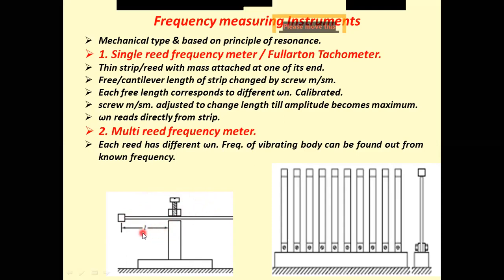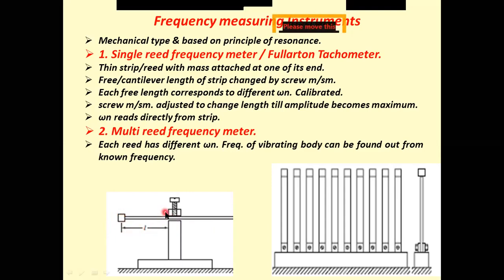So if we change the length, there will be a change in natural frequency. The different free lengths of the strip or reed are calibrated for natural frequency, so there are different natural frequencies based on different lengths of the free end of the cantilever beam.